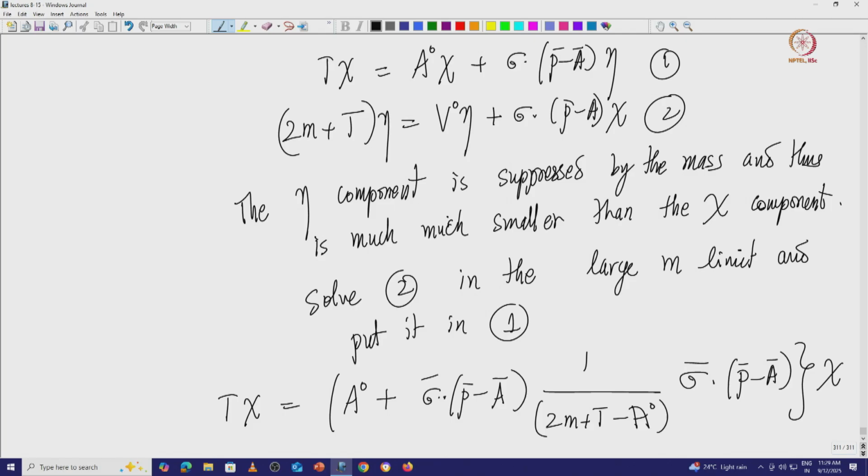Now we can estimate what T is from the lower order equation.